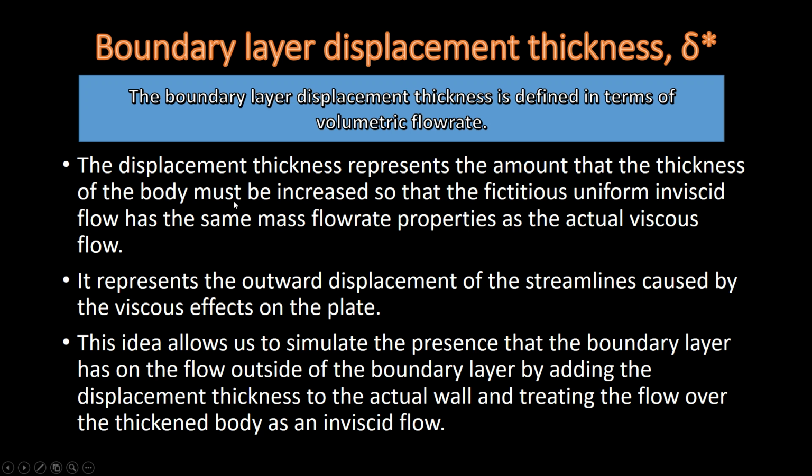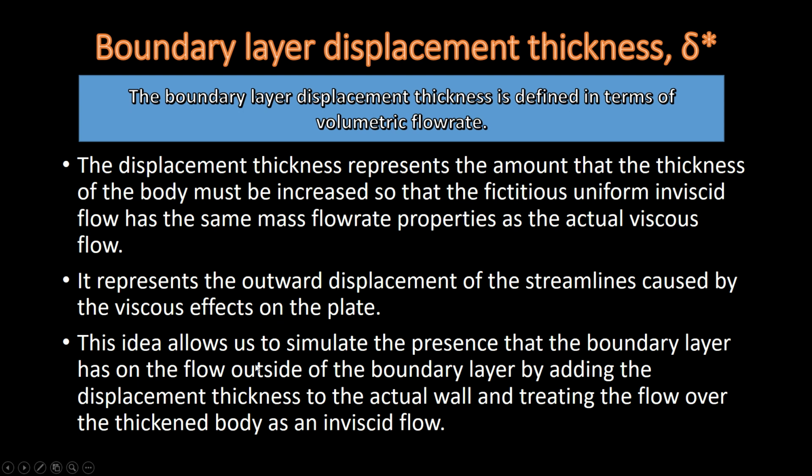The displacement thickness represents the amount that the thickness of the body must be increased so that the fictitious uniform inviscid flow has the same mass flow rate properties as the actual viscous flow. So it represents the outward displacement of the streamline caused by the viscous effect on the plate.